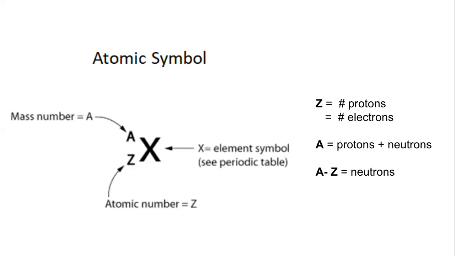Now, because we know what Z is and A is going to be the number of protons and neutrons, now we can do some math and figure out the number of neutrons, because the neutrons don't contribute any charge. So we don't know yet how many they are. So if we want to figure out how many neutrons are in this symbol, we just take A minus Z, and that will equal our neutrons.